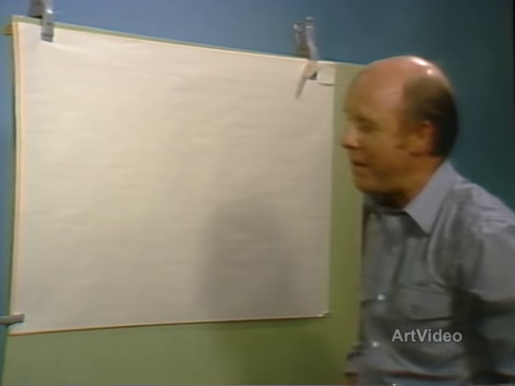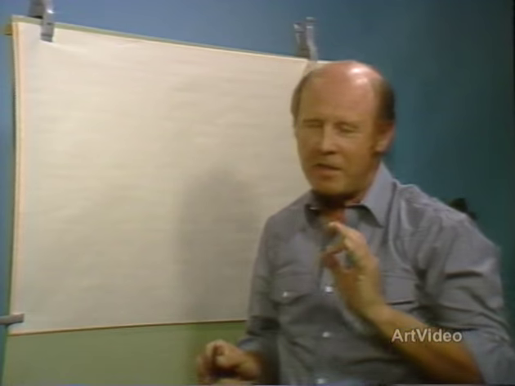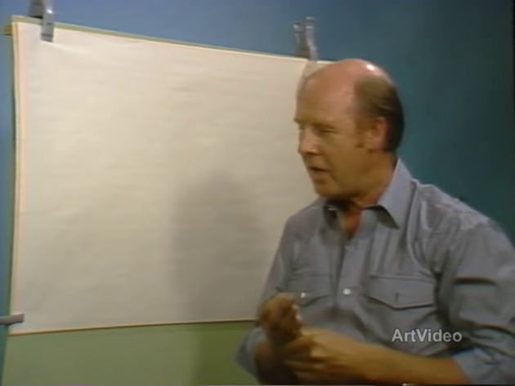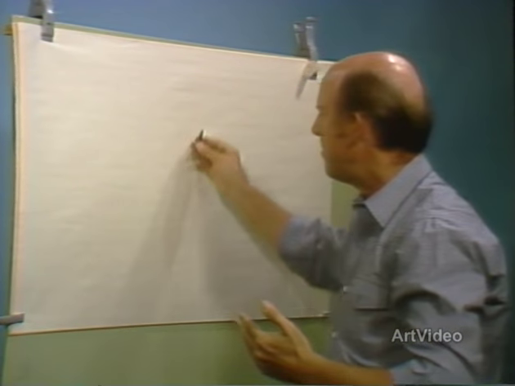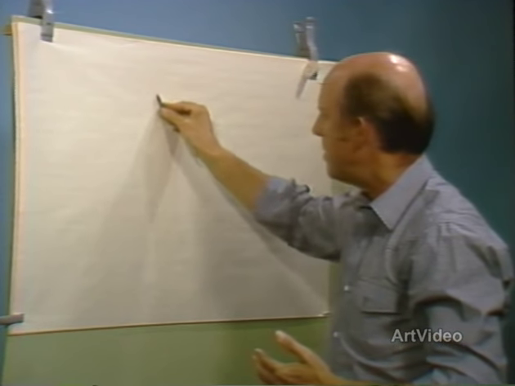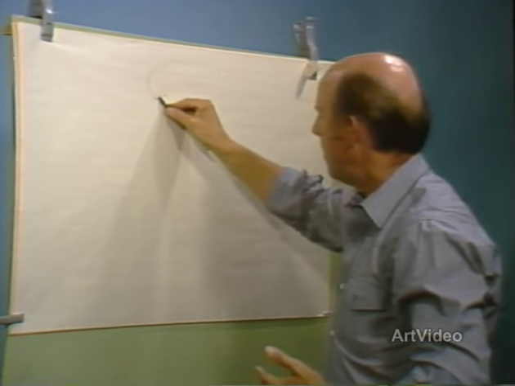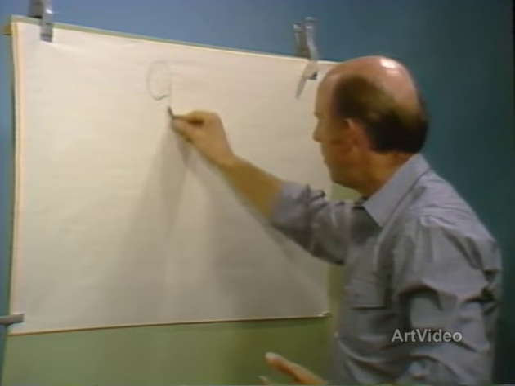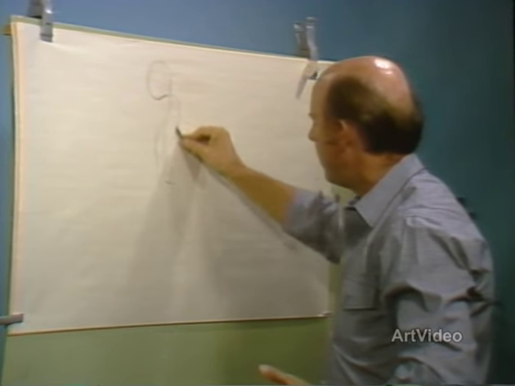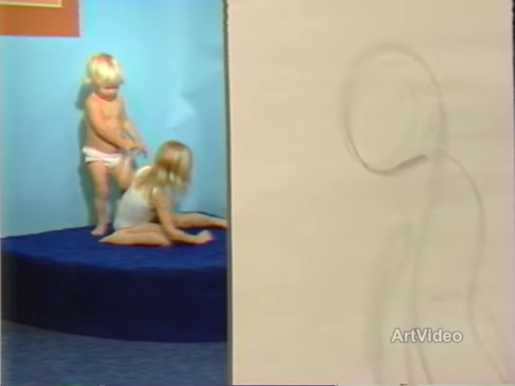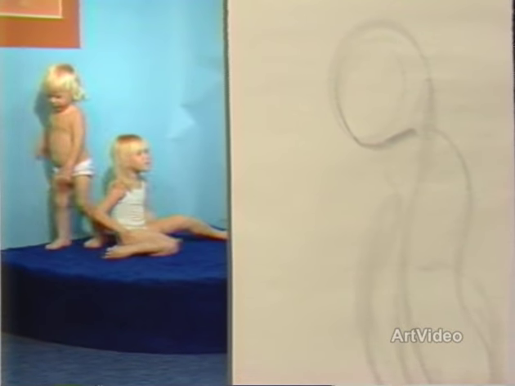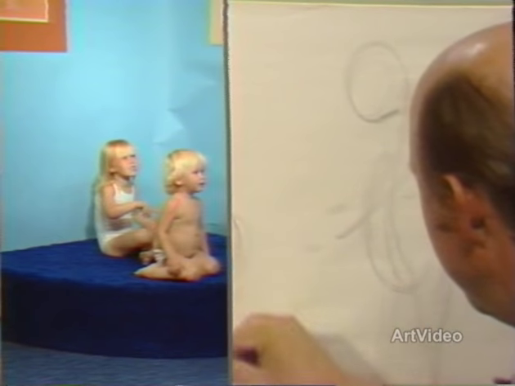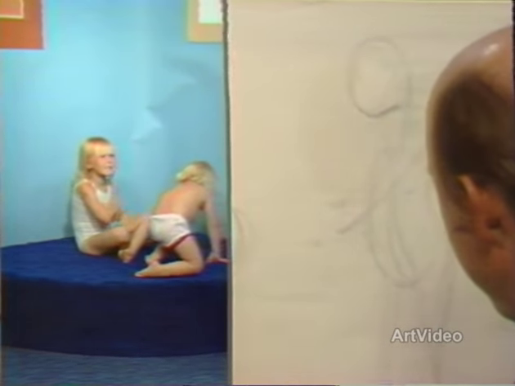Okay, let's get into the very practical part of this, and I'll start doing these drawings. What I do in my own drawings when I'm working with children like this is first I try to grab the gesture, whatever the action is, very quickly.